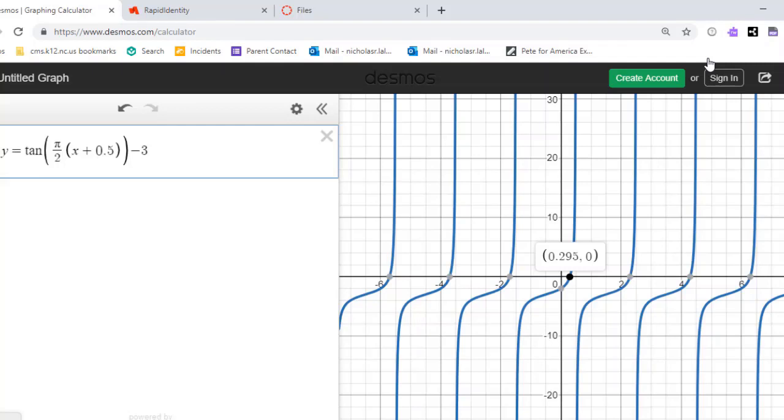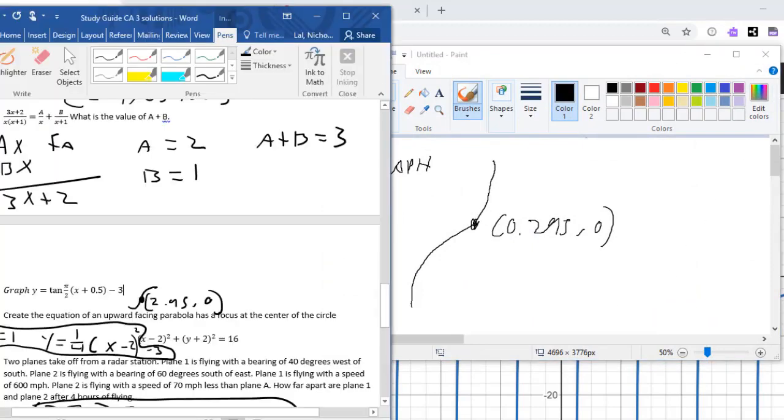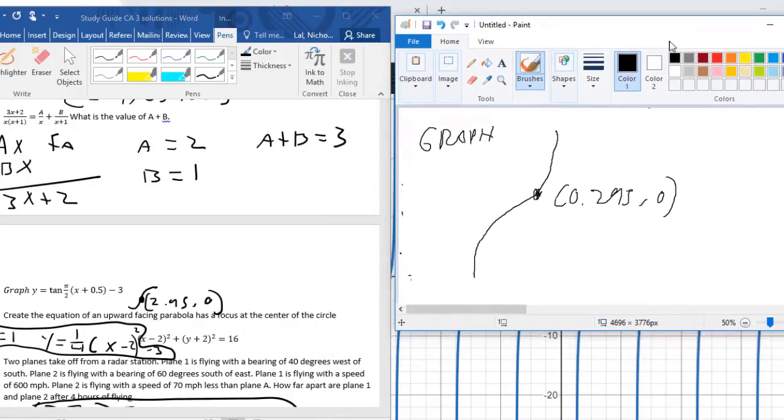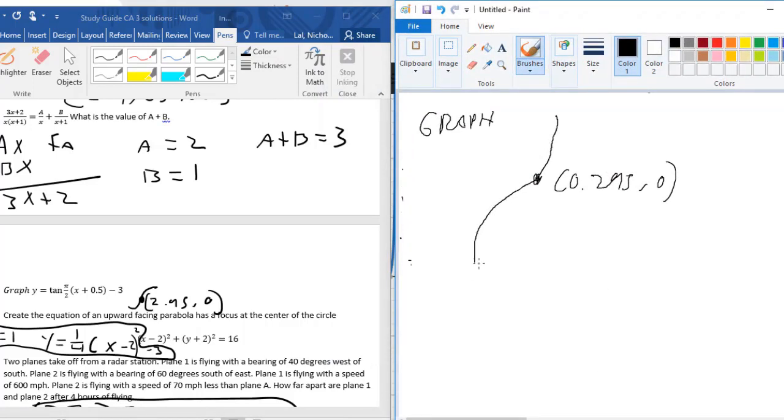Can you go back to the things I write down? Yeah. So this is literally what I would show. You graph it, and you're seeing that this is what the tangent function looks like. 0.295. Yep. Okay.